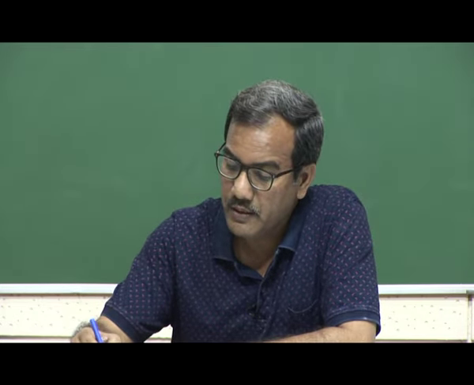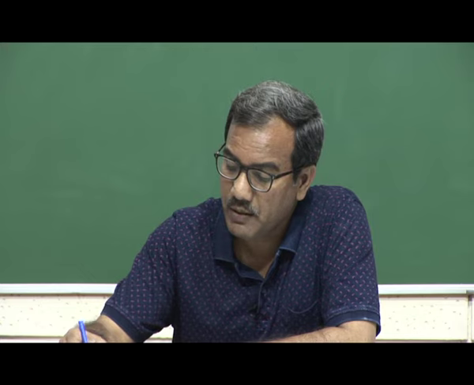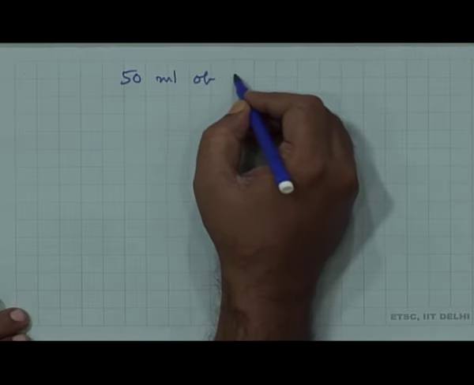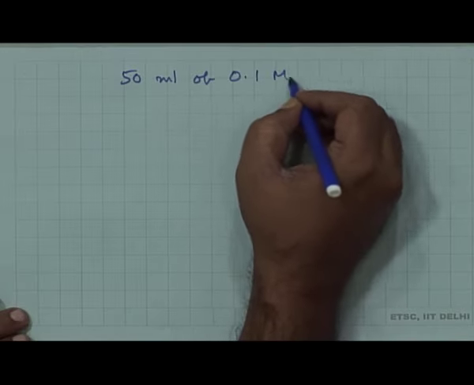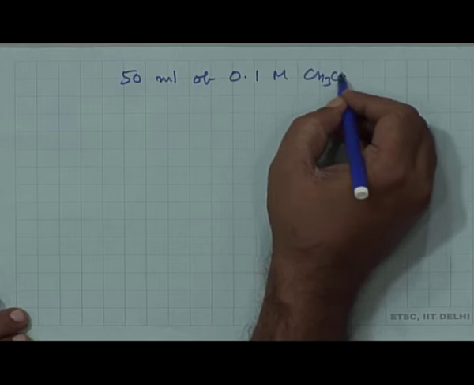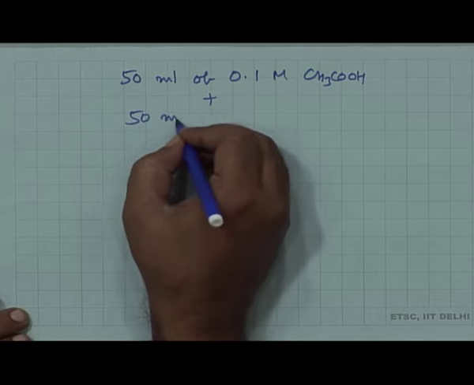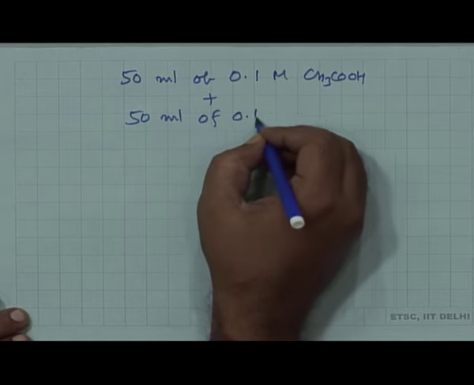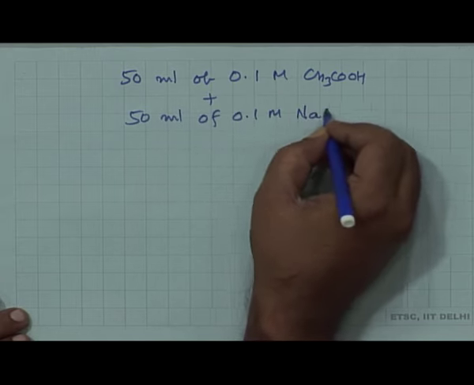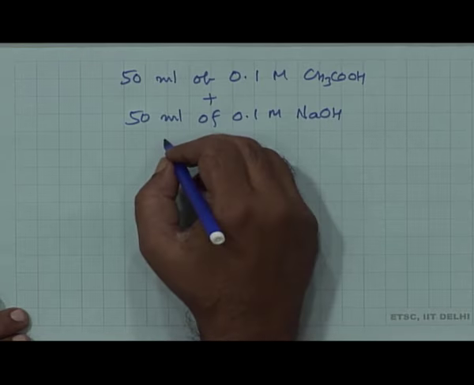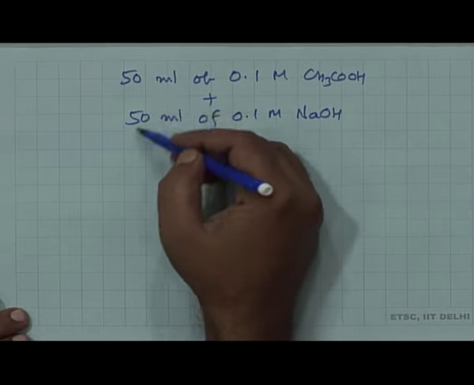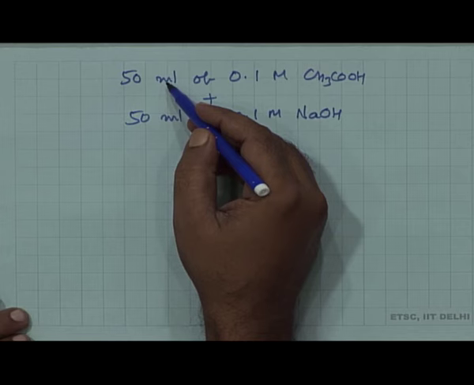So, now take another case when to 50 ml of 0.1 molar acetic acid, you add 50 ml of 0.1 molar NaOH. So, equal volume is added.